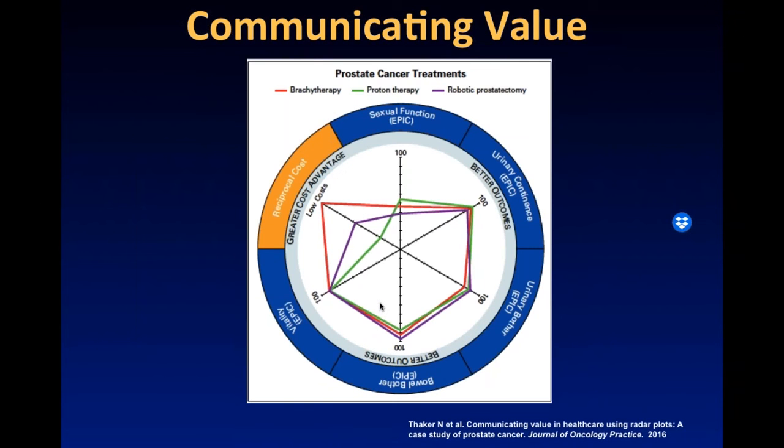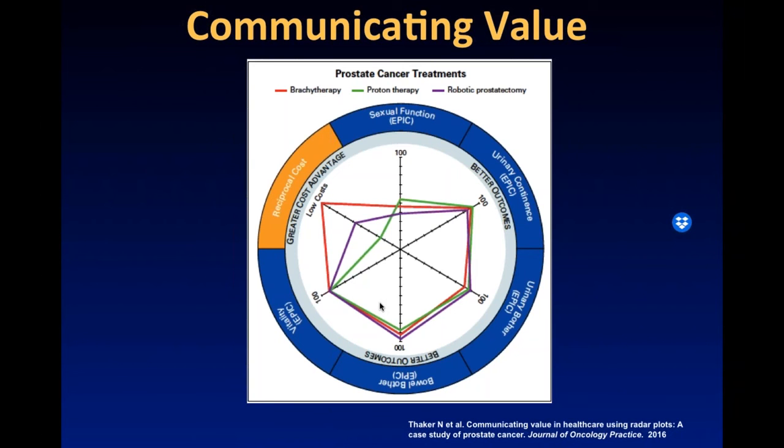So here's an example. Here we looked at our institution, brachytherapy, proton therapy, and robotic prostatectomy for intermediate risk patients. And what we were able to demonstrate by using this radar plot, just by looking at patient-reported outcomes and costs, is that clearly the costs of brachytherapy are significantly less than what we would expect to see in robotic prostatectomy or proton therapy.